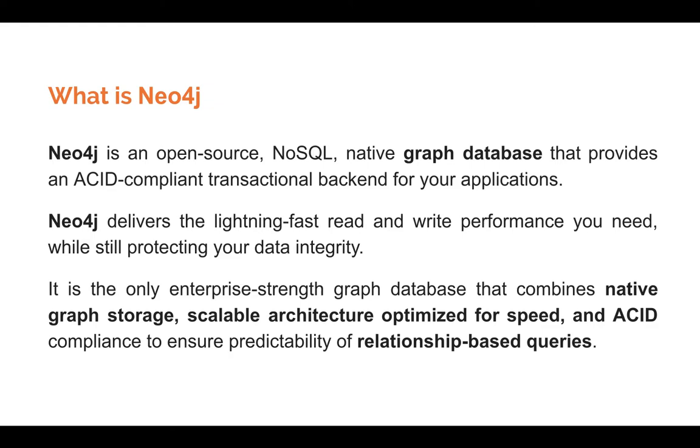It is the only enterprise strength graph database that combines native graph storage, its scalable architecture optimized for speed and compliance to ensure the predictability of relationship-based queries. So Neo4j is scalable, it's optimized for speed, and it supports ACID property.